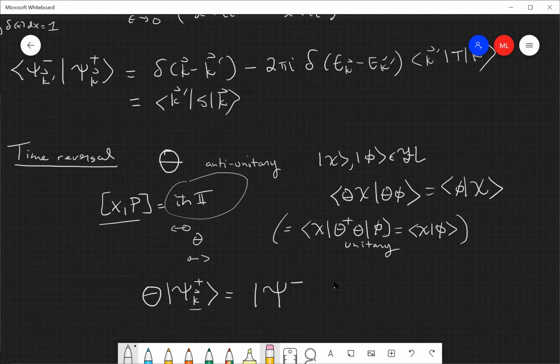And of course, time reversal is kind of funny; playing movies backwards in time is not intuitive because things look weird. But anyway, it connects the two solutions that we found for the Schrodinger equation for scattering.